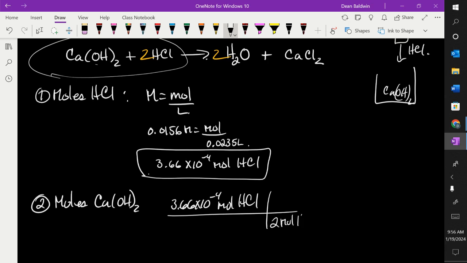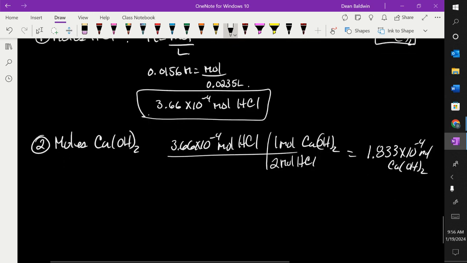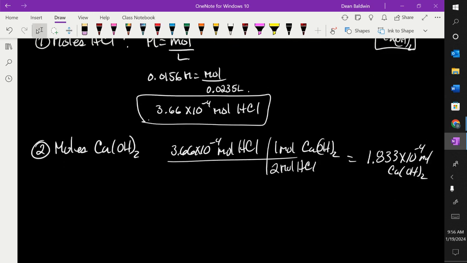And it's 2 moles of HCl react with 1 mole of Ca(OH)2. So basically divide by 2 and you're going to get 1.833 times 10 to the minus 4.